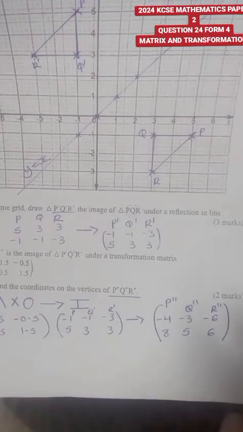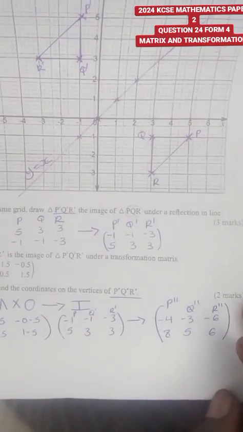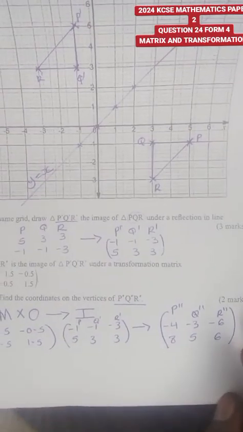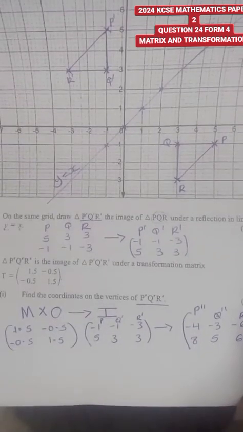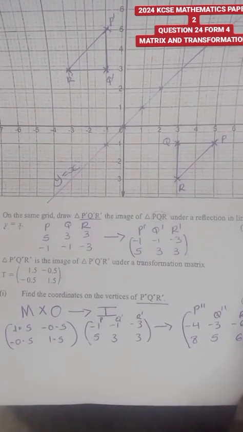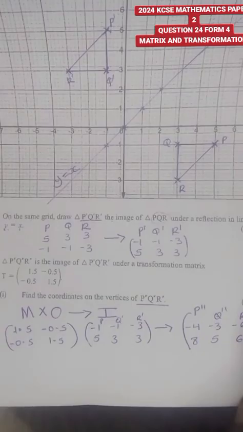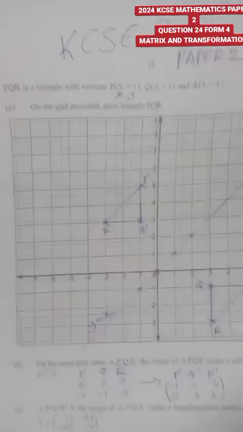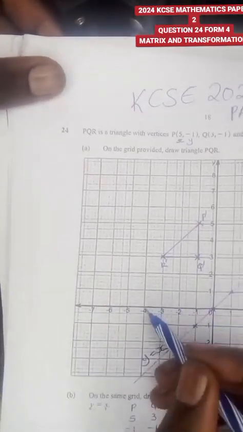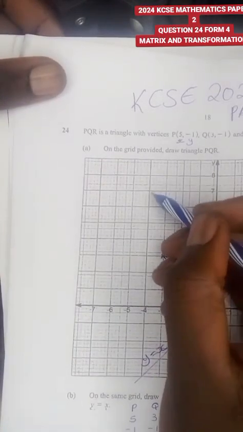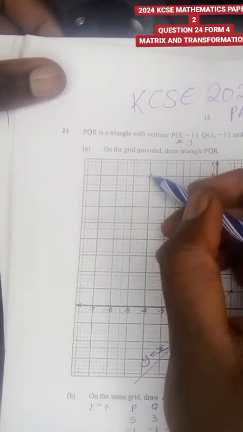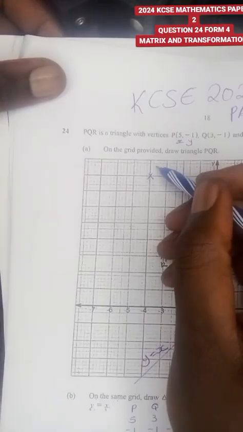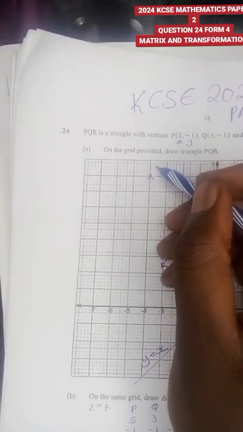Then we can proceed to the next question. The next question, you are told to, on the same grid, draw the triangle P''Q''R''. So we are going to draw this here. So to plot it, we have -4, 8. So -4 and 8. It goes so way above. That one is P''. Then we have -3, 5.